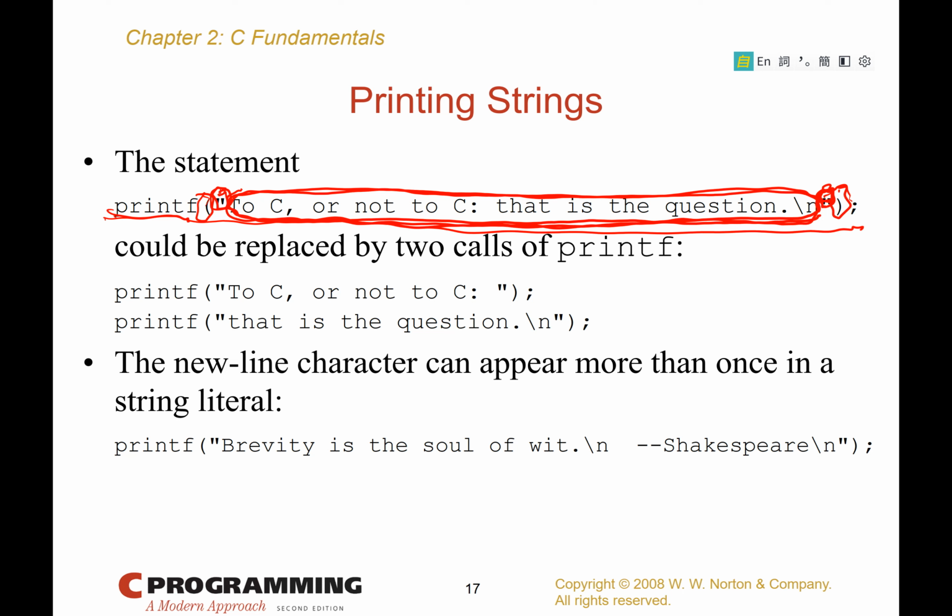And you are using one printf function. In fact, you can call printf twice and break this string into two strings, and you still get the same result. So two printf calls. The first printf ends here.